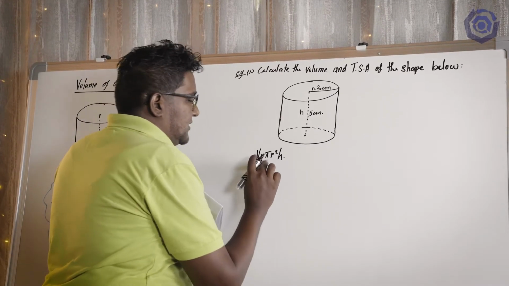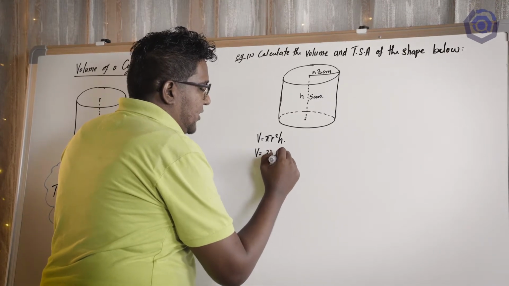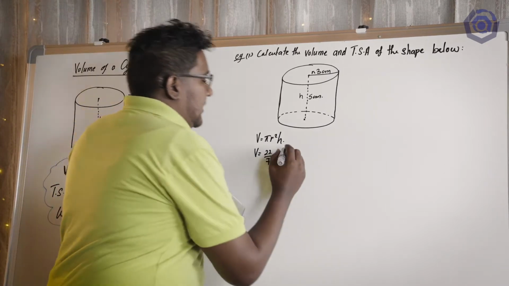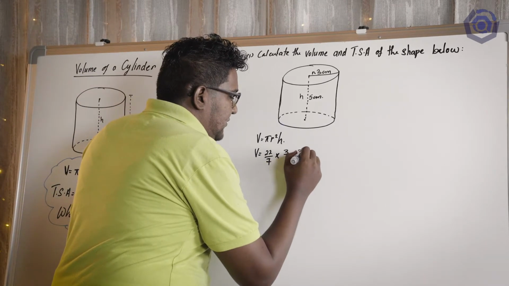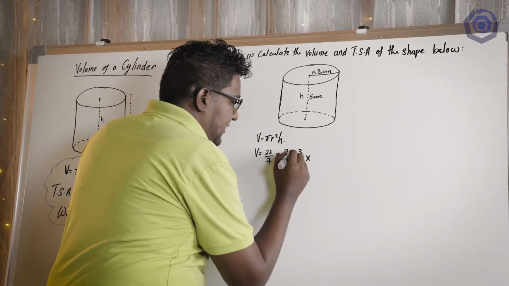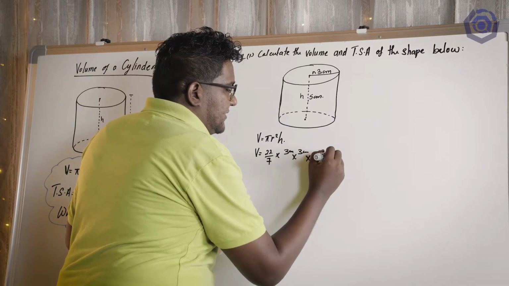So V is equal to pi, which is 22 over 7, multiplied by r squared. That means the radius times itself 2 times, so that's going to be 3 times 3, multiplied by the height, which is 5 cm.